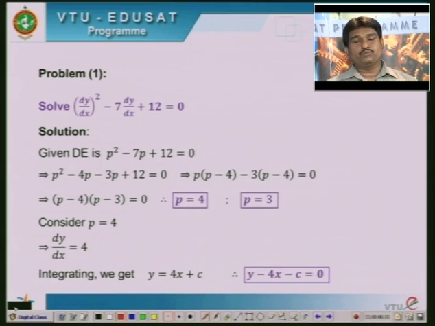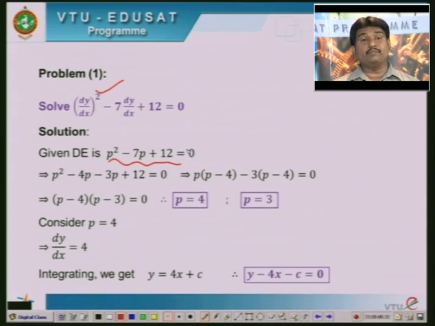Problem number 1, solve dy by dx whole square minus 7 dy by dx plus 12 equals 0. You can see there is a second degree term here, dy by dx whole square. Write dy by dx as p to get p square minus 7p plus 12 equals 0. It is easily factorizable.